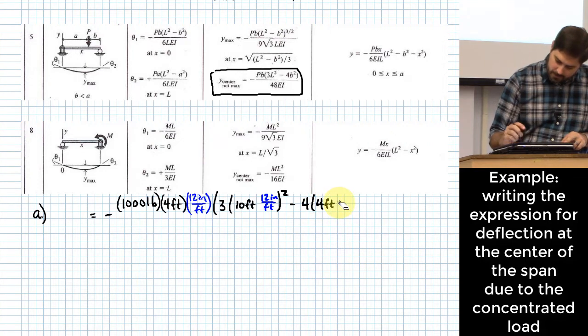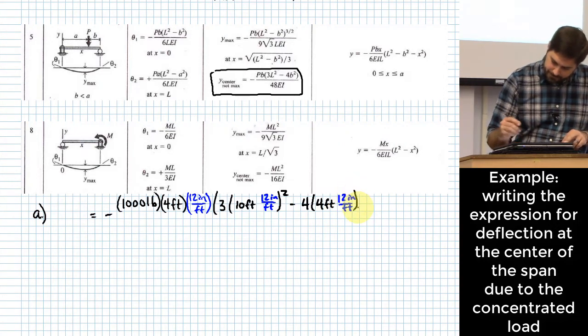Let me get 12 inches per foot in there, and then all of that gets squared.